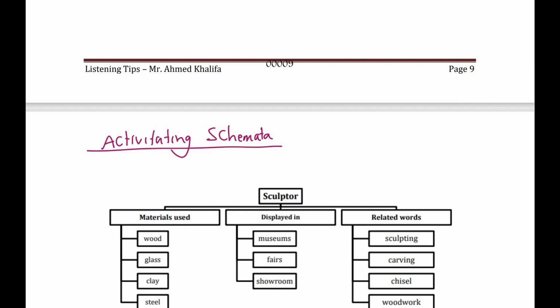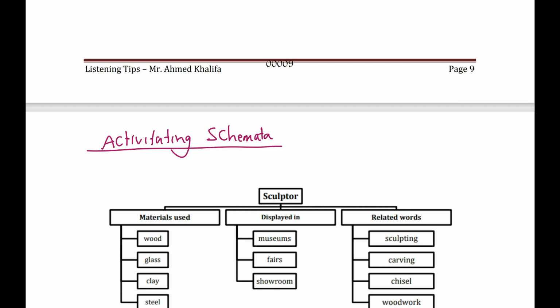Undoubtedly this strategy will help you to call out some relevant vocabulary and topic related ideas, even if you don't exactly know what's going on, but in general you are aware of some issues or a background about this topic. So to activate your schemata would help you to predict answers, even if you lost track of the real answer. So this is very important.